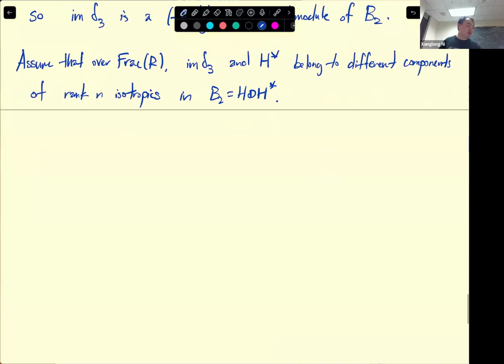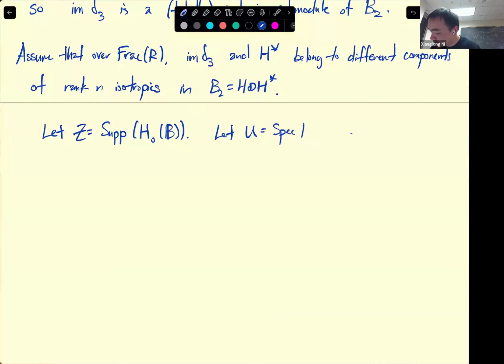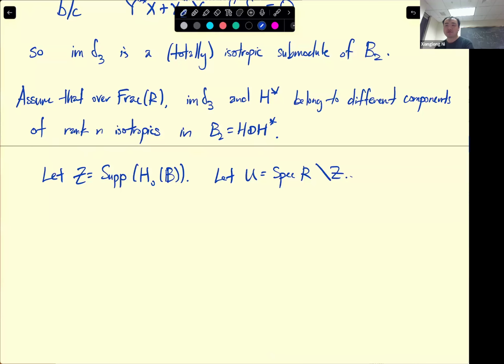But what I'm going to do now is let Z be the support of the homology of B, and let U be the complement. So at least on U, the image of delta 3 is a legitimate isotropic summand of rank n.